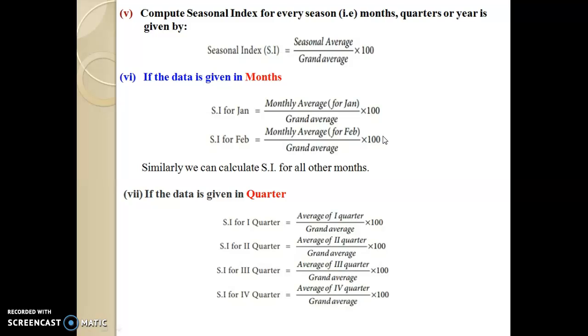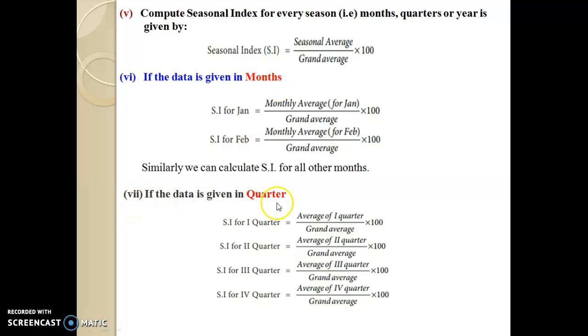Similarly, we can calculate seasonal indices for the other months, March, April up to December. This is for data given in months.